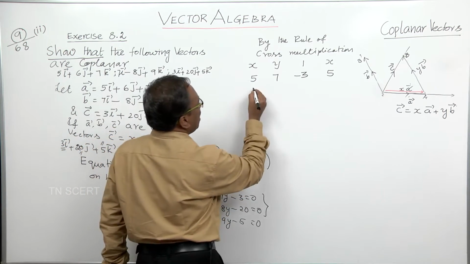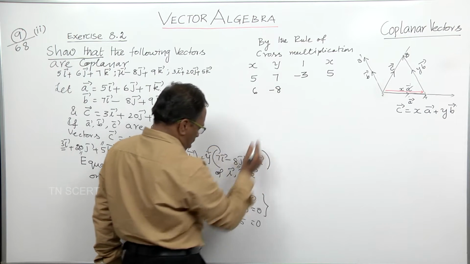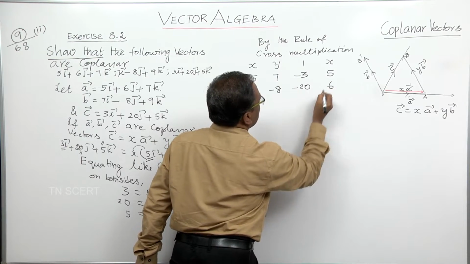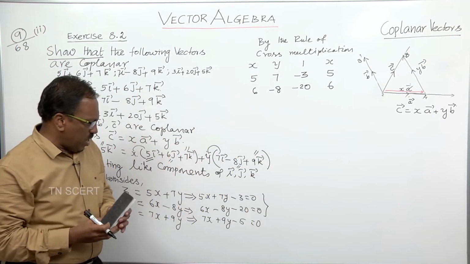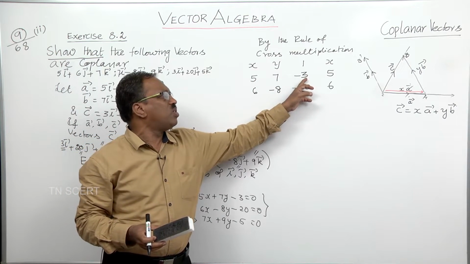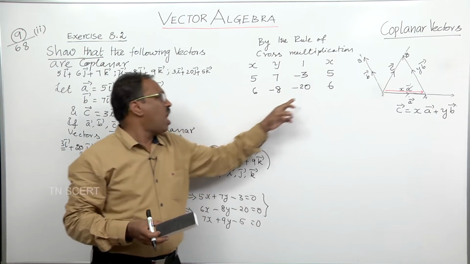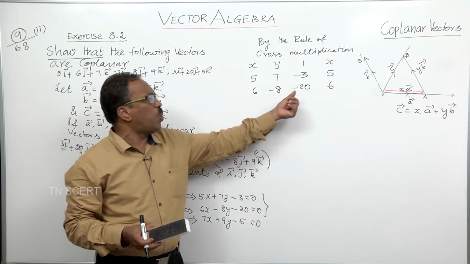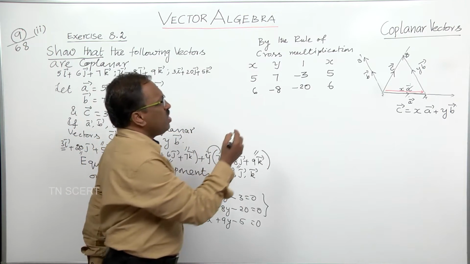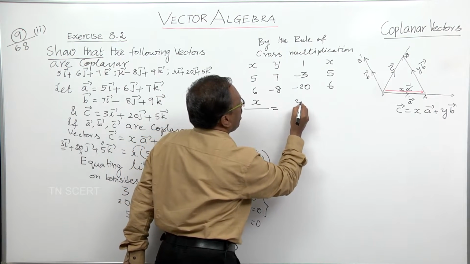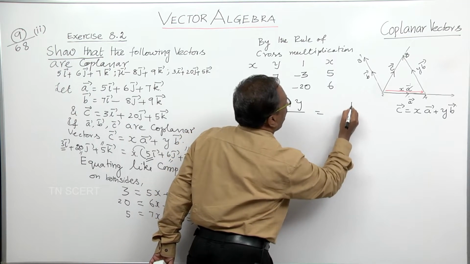So, 6 and minus 8 and minus 20, then 6 here. Let me read out 5x plus 7y minus 3. I have taken only the coefficients and constant term as they are, and for the second equation 6x minus 8y minus 20 and then 6. So, now let us take x and then y and then 1.